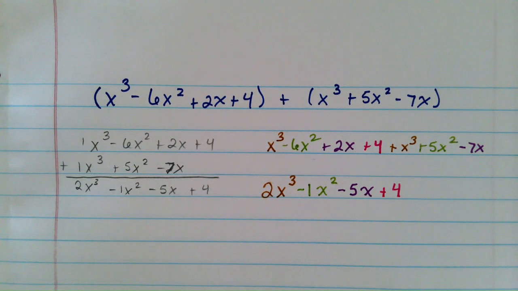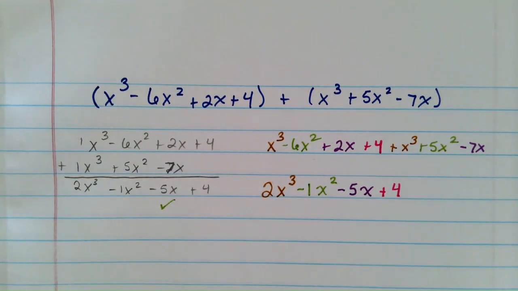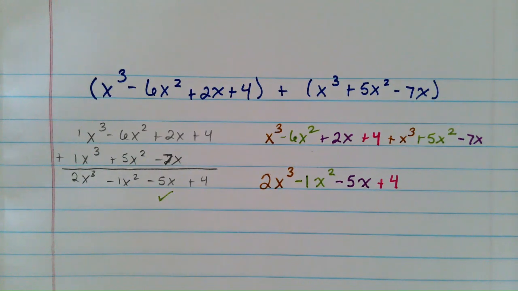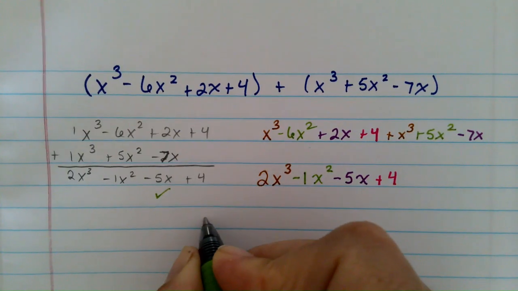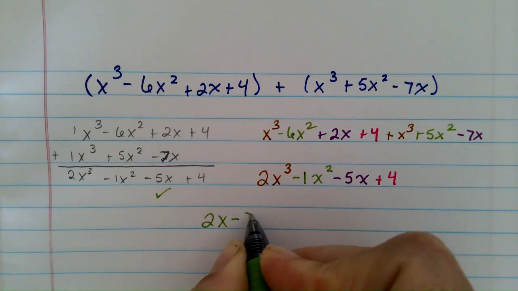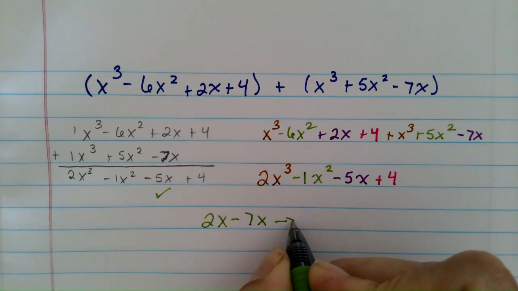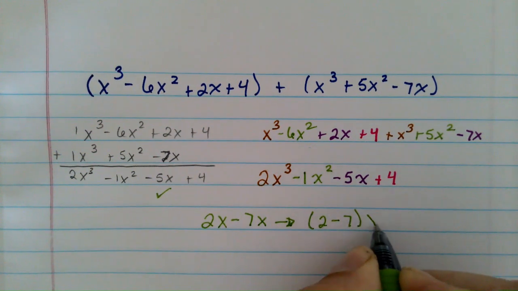So why is it we only change the coefficient but not the variable? I'm going to go ahead and show that with just this linear term. Linear, sorry, I brought in another vocab word I haven't talked about. Linear meaning a degree of 1. So if we're looking at 2x minus 7x, by utilizing the distribution process in reverse, we have 2 minus 7 multiplied by x.